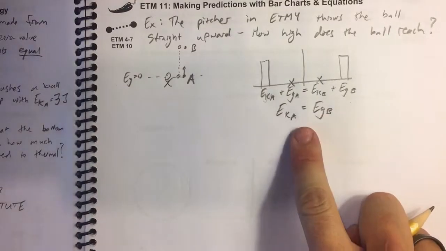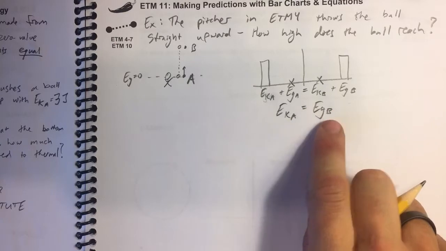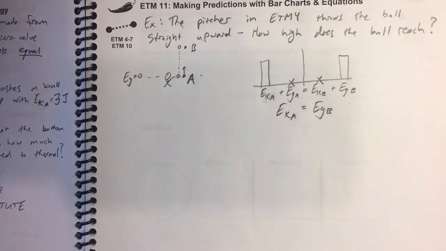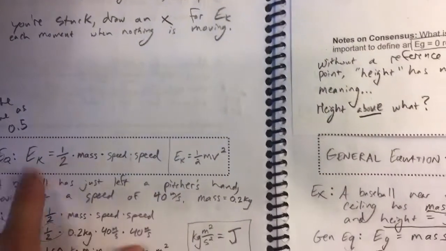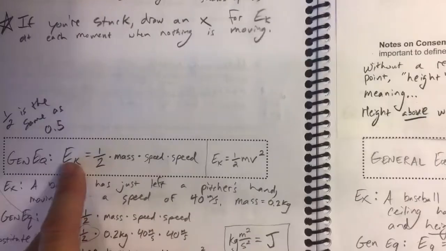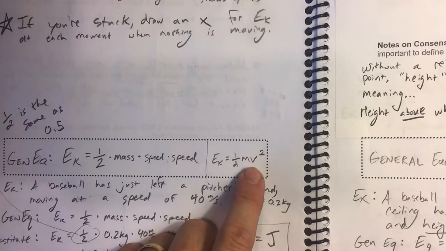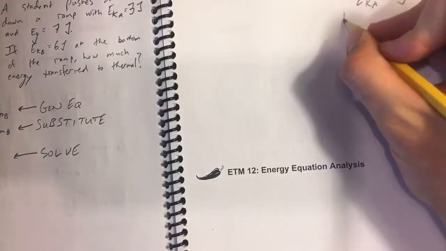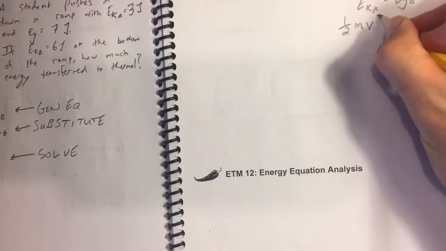Now, since we know some general equations for EK and EG, we can do one better. We can actually refer to ETM 4 and say, I know that EK is equal to 1/2 times mass times speed squared. So I'm going to actually write down below here 1/2 times mass times speed squared.